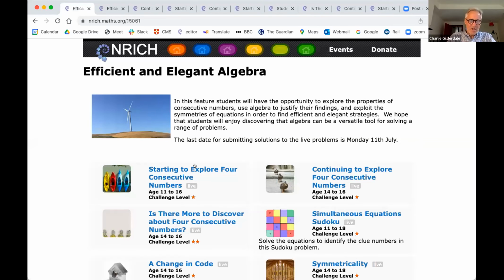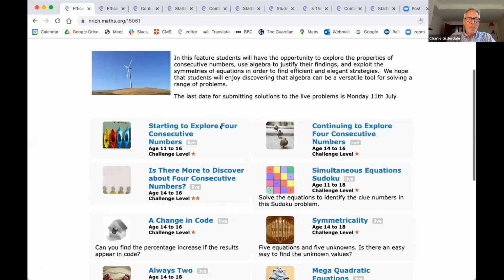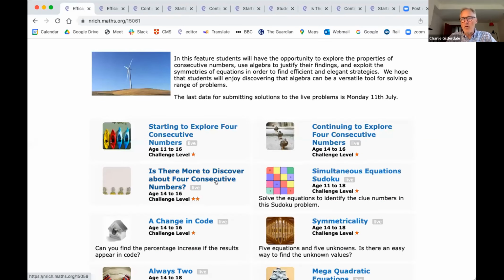So initially, we're going to focus on these first three problems on the list, which are all about exploring four consecutive numbers. We're not going to look at every single question, but I'm going to choose a few for us to look and think about. And I'm hoping you're going to use the chat facility to share your ideas.